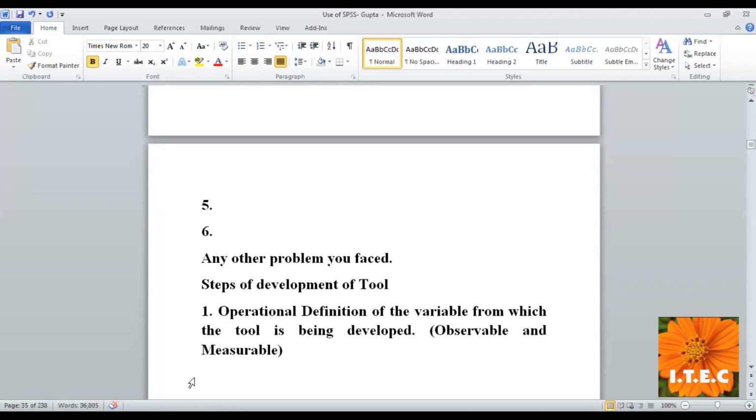say you want to develop a tool to assess numerical reasoning.